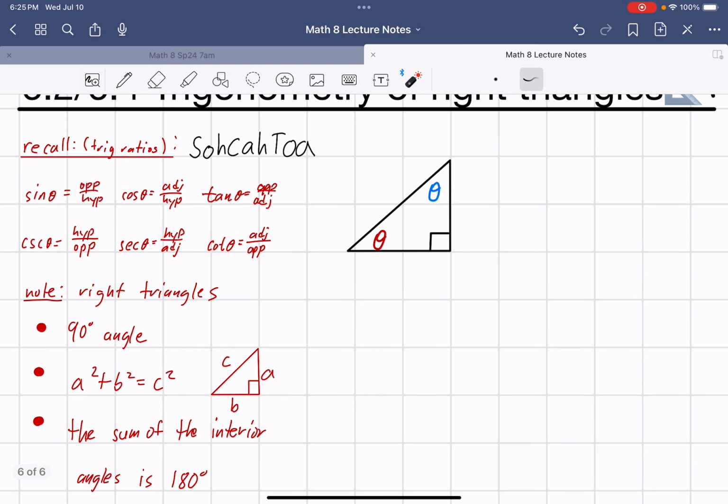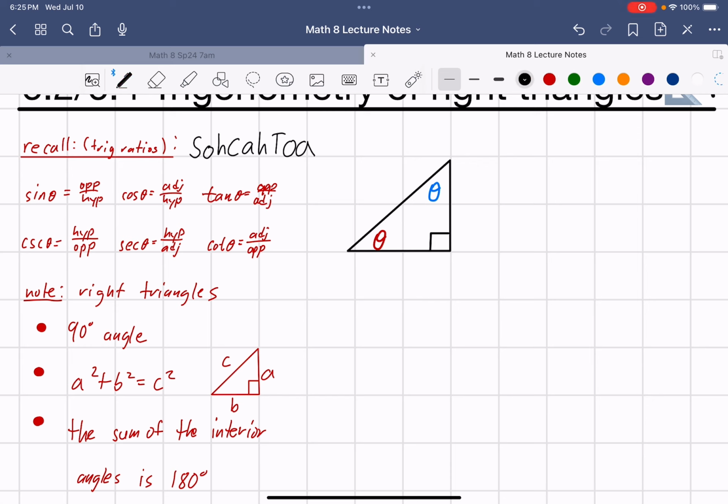And because we are going to be solving right triangles, meaning trying to find every missing angle inside, we also have to remember that the sum of the interior angles, and this goes for any triangle, not just right triangles, is 180 degrees.